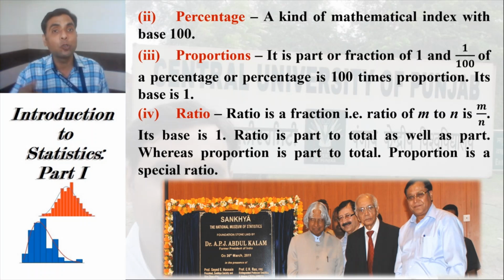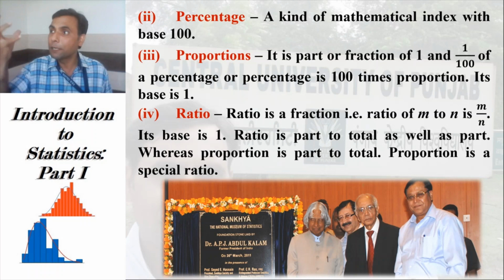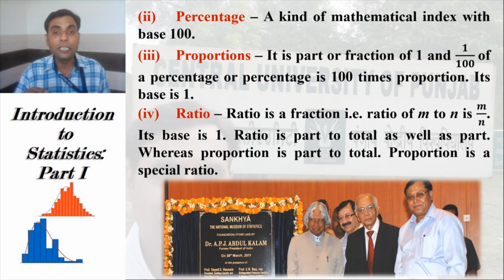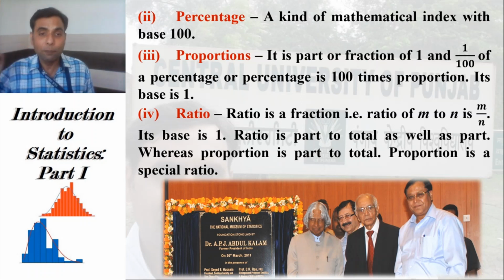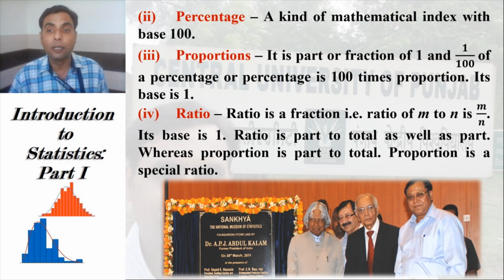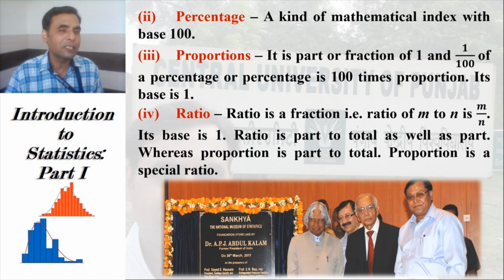Ratio is part to total as well as part to part, whereas proportion is only part to total. Proportion is a kind of special ratio. So to understand these differences, these important statistical terms, you must go through them again and again, and you must watch this video again and again.